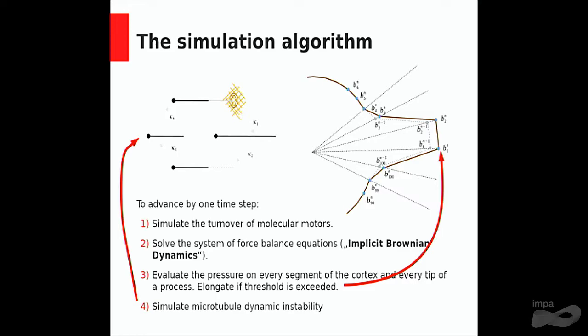But then I evaluate the forces with which those fibers push against the tip of the processes, and if those forces exceed a threshold value, I elongate the process, so from here to there, for example. And the last step is to simulate also microtubule dynamic instability, so microtubules are growing or shrinking.